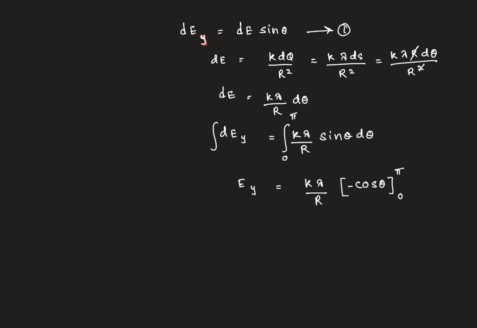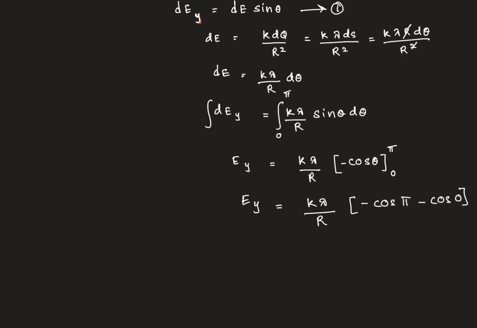So we can substitute the limits, and you can see k lambda over r, minus cosine pi minus cosine 0.